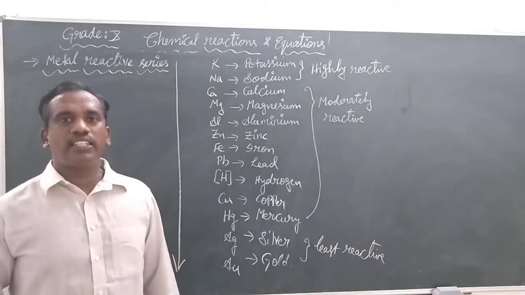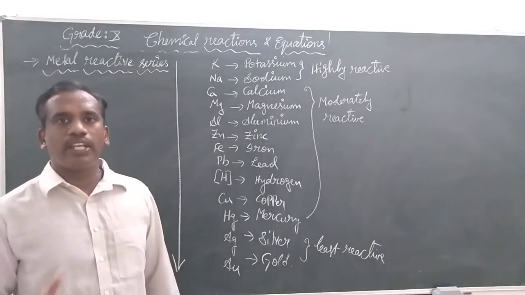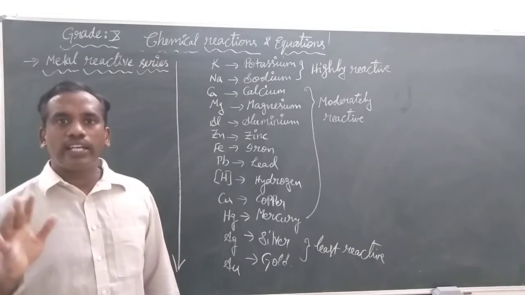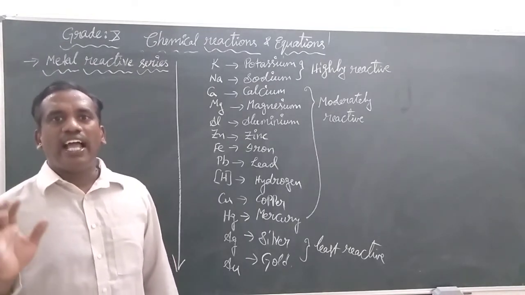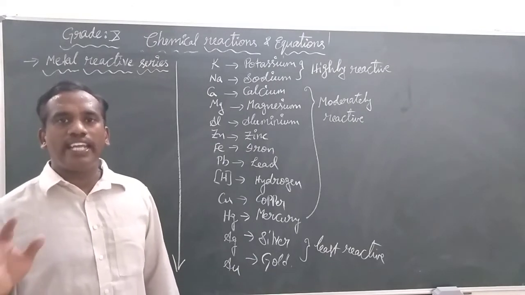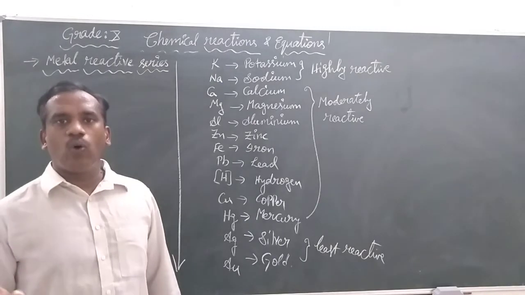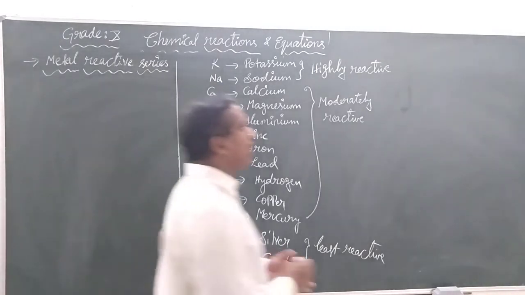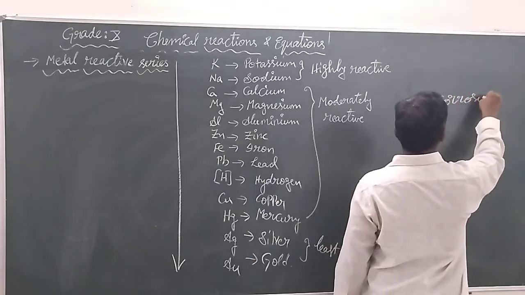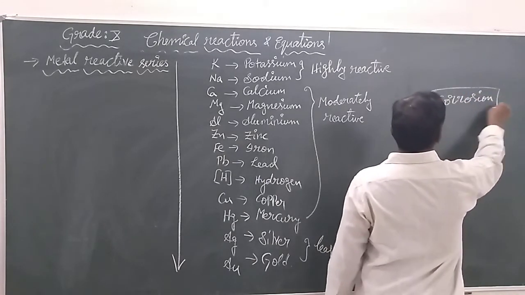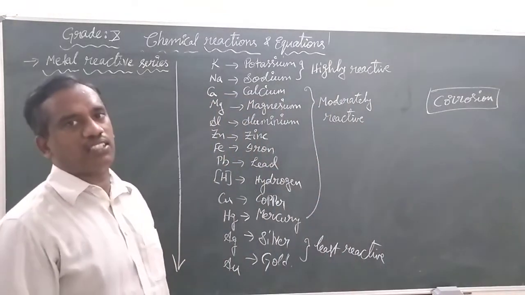The point is the gold or platinum, they will not react with any atmospheric gases and they will not develop any rust on them. Means they will not undergo the process of corrosion. Corrosion is the process in which a metal reacts with atmospheric gases.